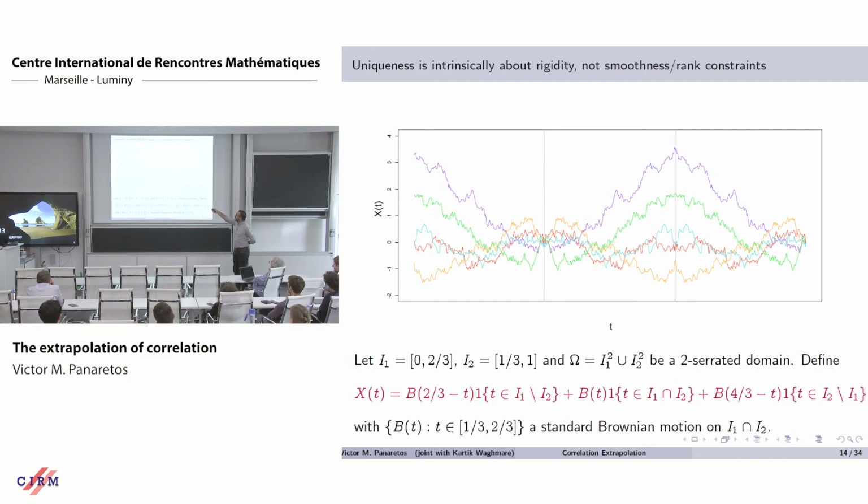So you have independent Brownian motions here, certainly infinite dimensional, certainly not smooth. And then I've just reflected this Brownian motion to the left like this, and then to the right like that. This reflection is a deterministic linear transformation. The process has a covariance that admits a unique completion, but of course it's very far from analytic or finite rank.